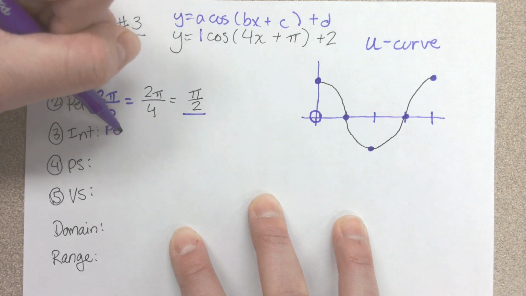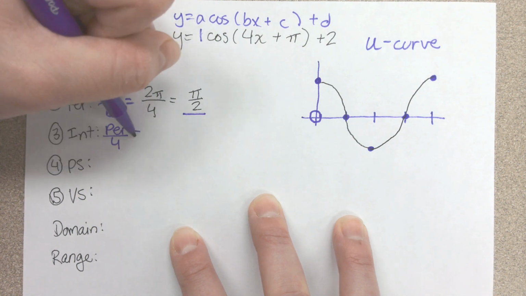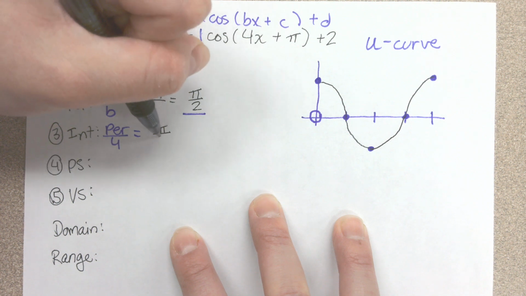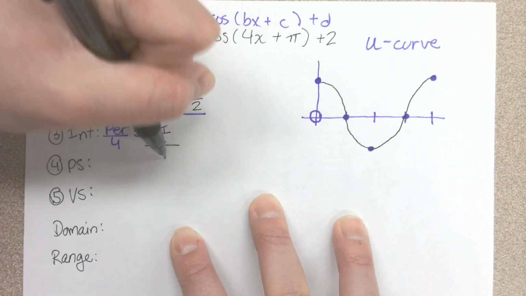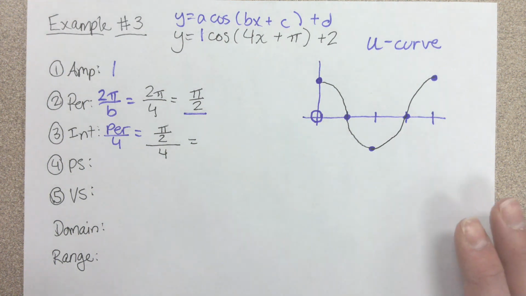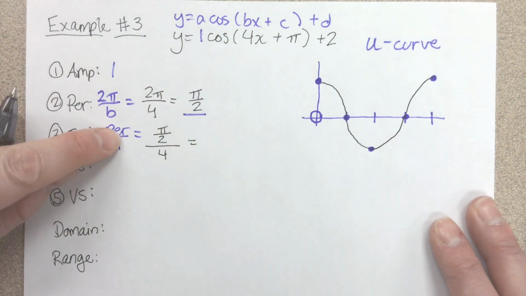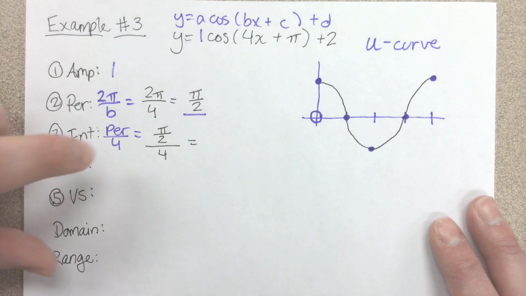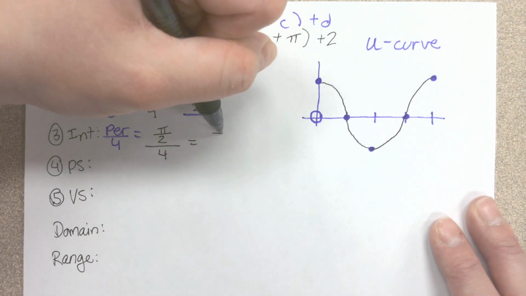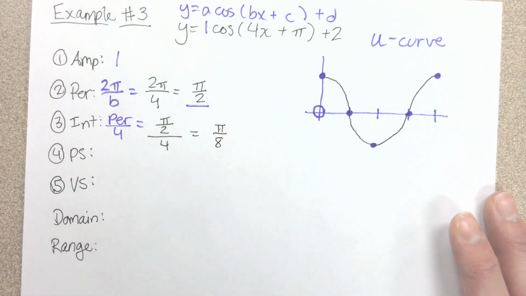Interval, period over 4. That is pi over 2 over 4. We did one of these earlier. Reminder, when you get to this situation, the trick is to just multiply the two denominators together. So your new interval is pi over 8.